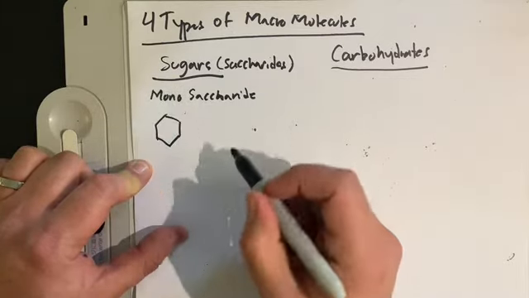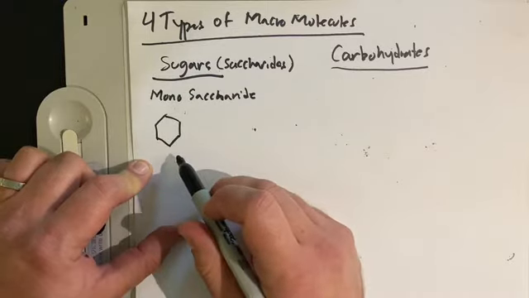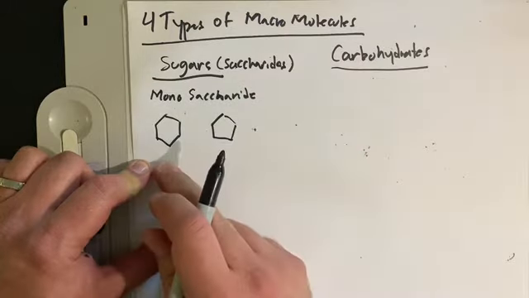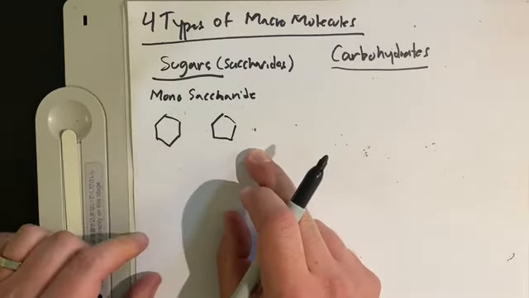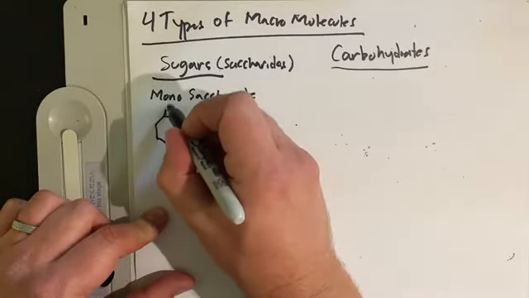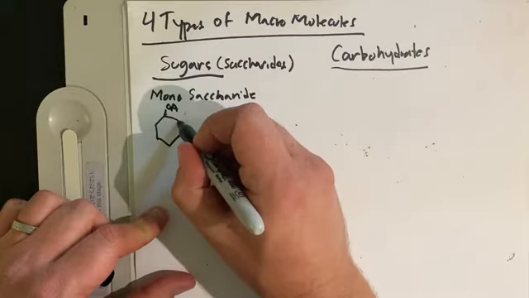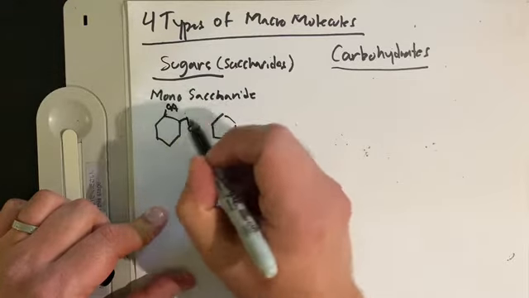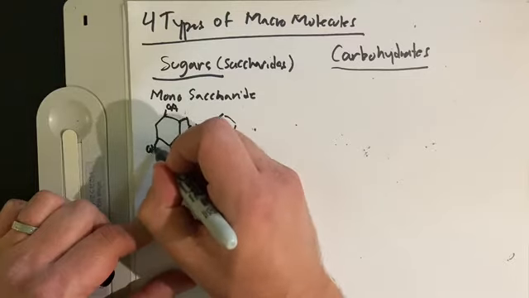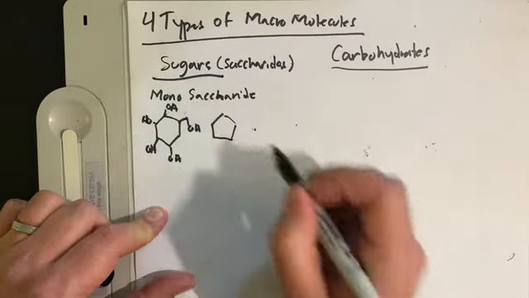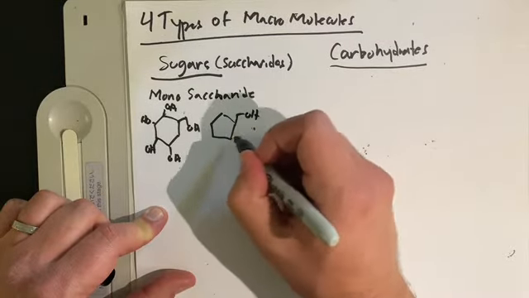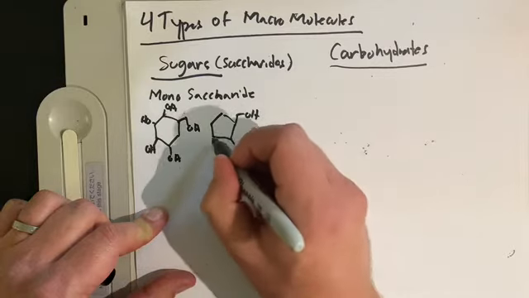So we have what we call a hexose sugar and a pentose sugar. So hexo for a hexagon and pentose for a pentagon. And these sugars will have these OH groups off of them. So they look something like this.